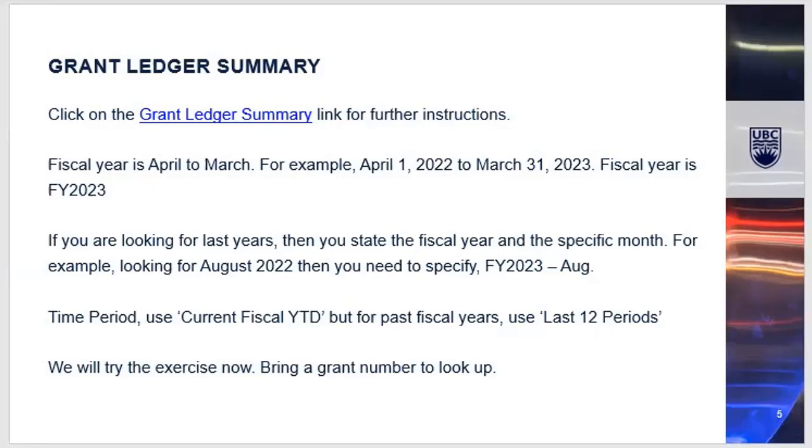So another way to do it, if you look in the blue banner when you pull up your ledger, you'll see an Excel sheet icon on it. You can click on that, on the blue banner, and you can download onto Excel.